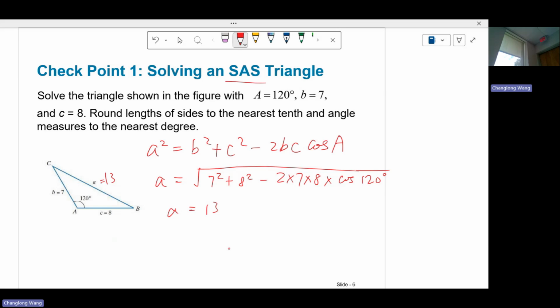But my question is, to find the angle, let's say B, would you use law of sine or law of cosine? Given whatever you know at this point, we know all three sides, plus an angle. What was the first thing that came to your mind? Law of sine or cosine?